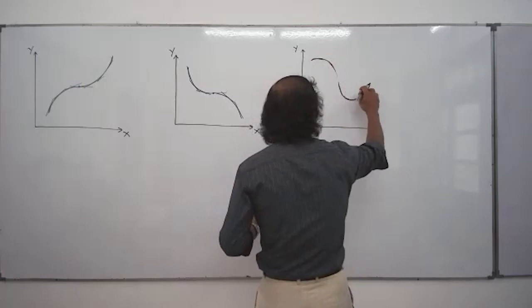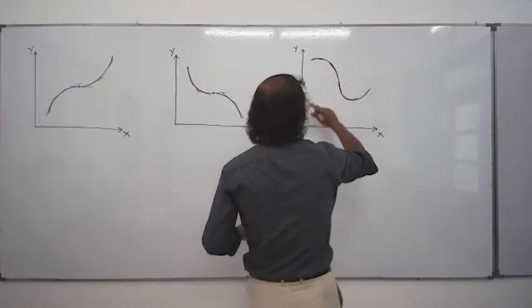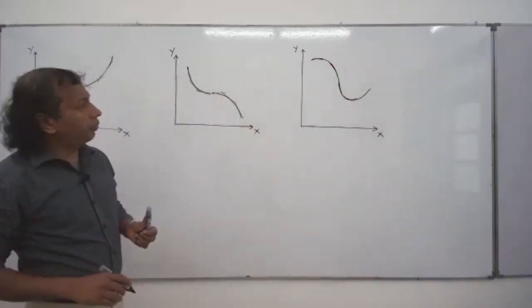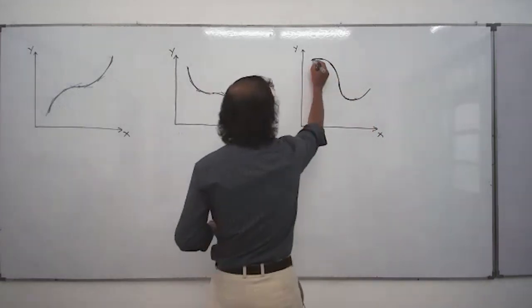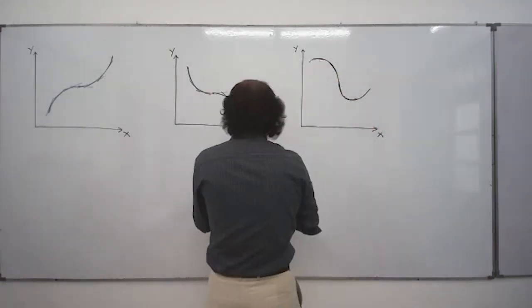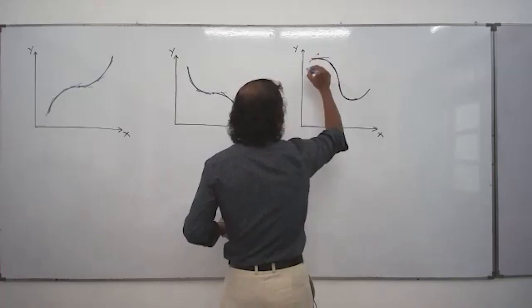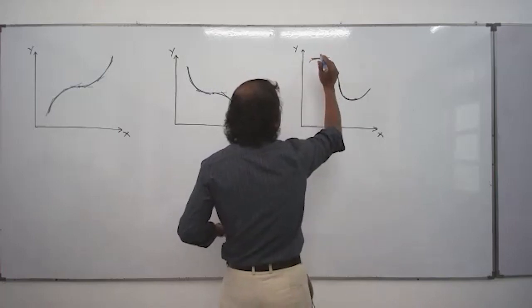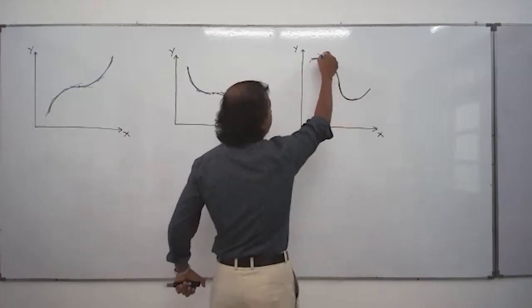Right? People, when you consider this graph, now I am going to sketch some tangents to this graph. I draw the tangents like this here. Tangents above the graph. That means the graph is below the tangents.